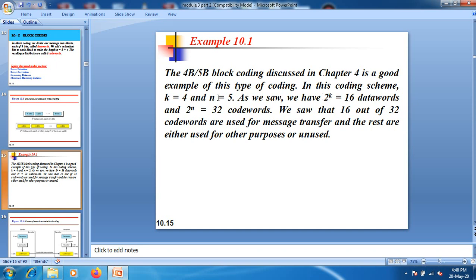And with the n value, we are able to generate around 32 different code words. These 16 data words are mapped onto 16 code words, and the remaining 16 code words are discarded. They are unused. They are invalid here.